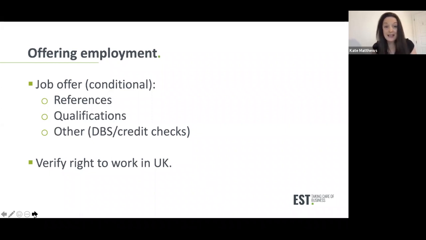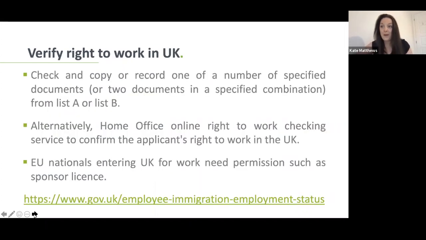And then the next important thing before they join you is to check that they have the right to work in the UK. This is really important. You have to make sure that you check and hold copies of right to work checks. And you also have to make sure that you see the original document and that you verify it in person.